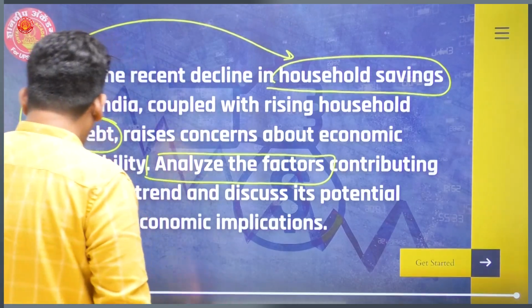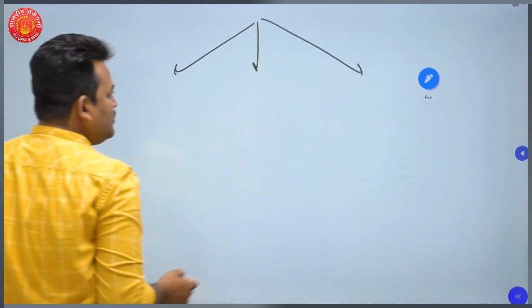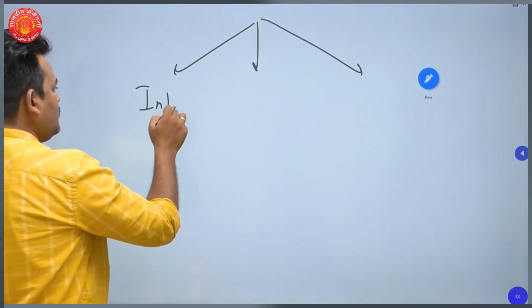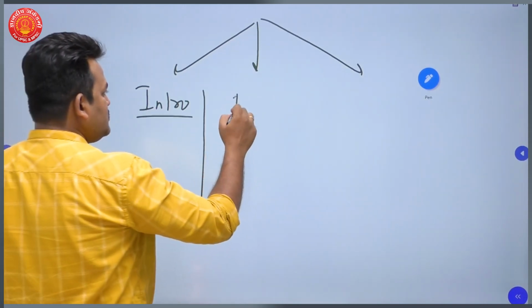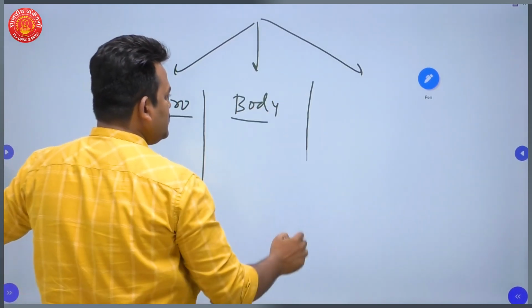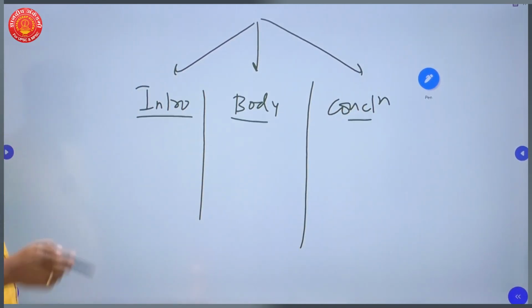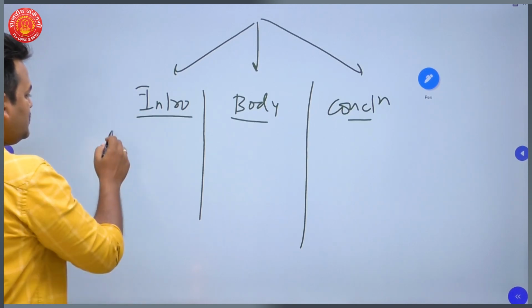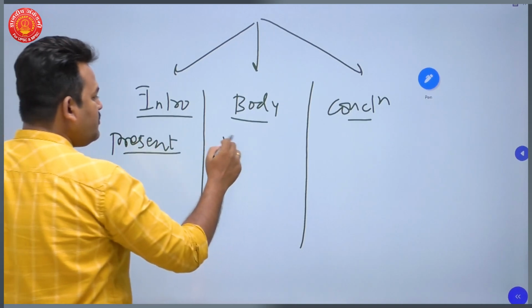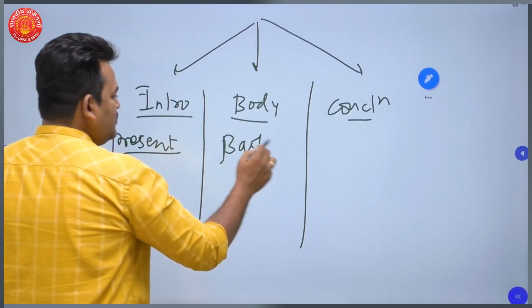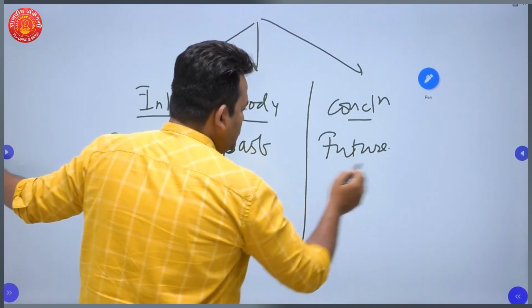Okay, so right away you have to prepare a structure for this question. Let's say the first part is the introduction, the second part is the body of the question, and the third part is the conclusion. Previously we have discussed that the introduction is about the present, the body is about the past, and the conclusion is about the future.